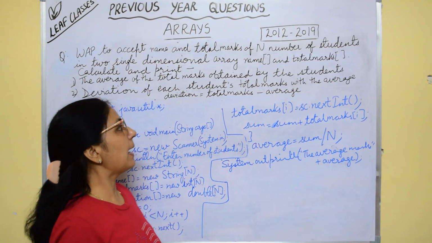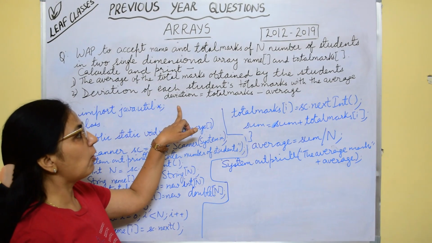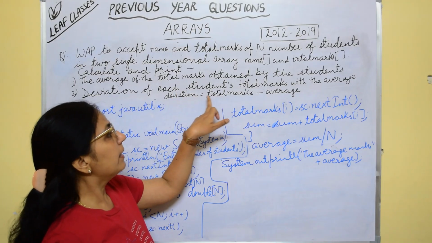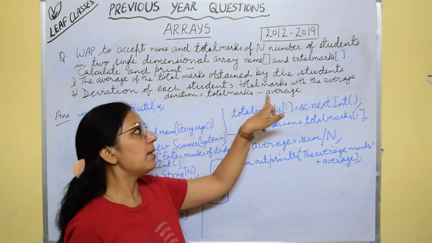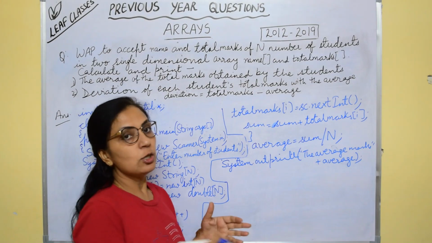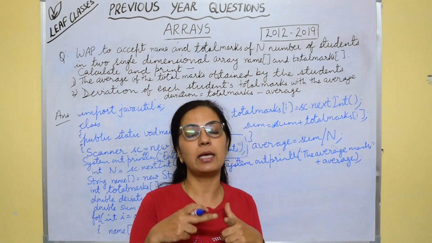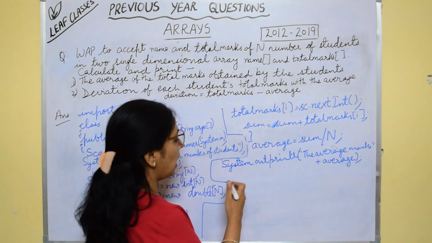Now we have to calculate the deviation for each child. The formula is given, deviation equals total marks minus average. So we have to do it for n number of times, so we'll be using a loop.